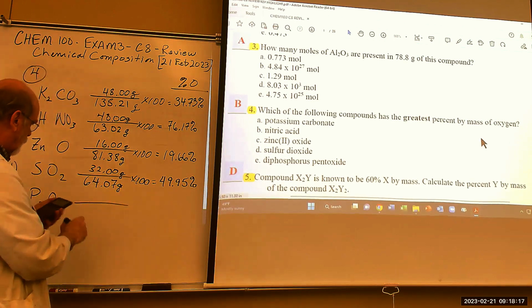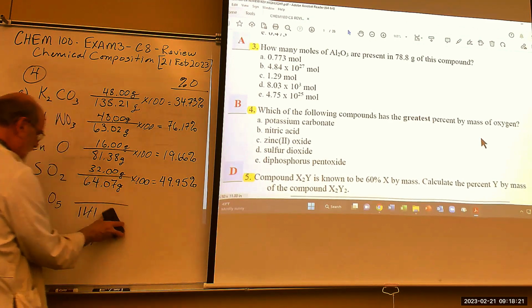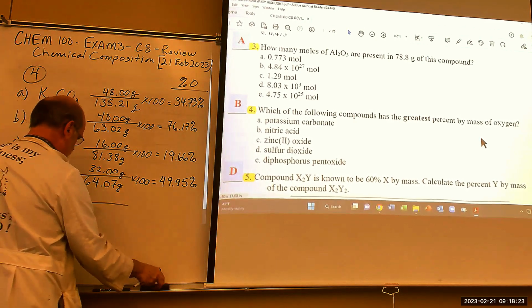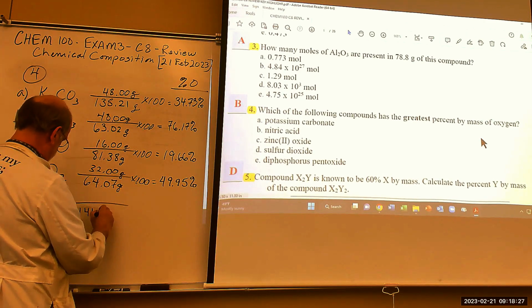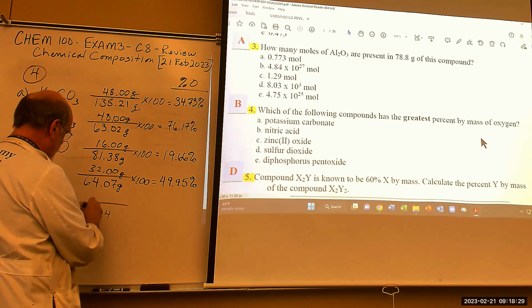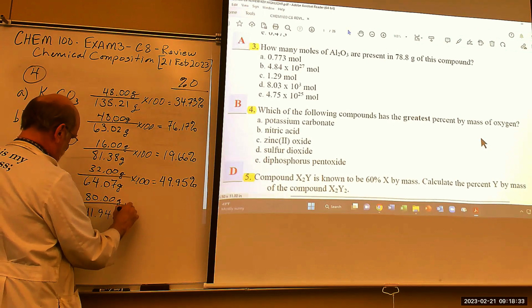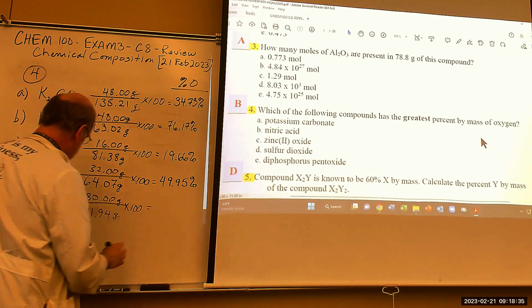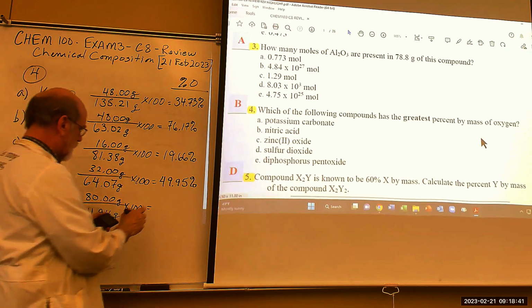Add those together, 141.94. That's pretty bad. Try that again. And then 5 oxygens was 80 times 100 equals 56.36.